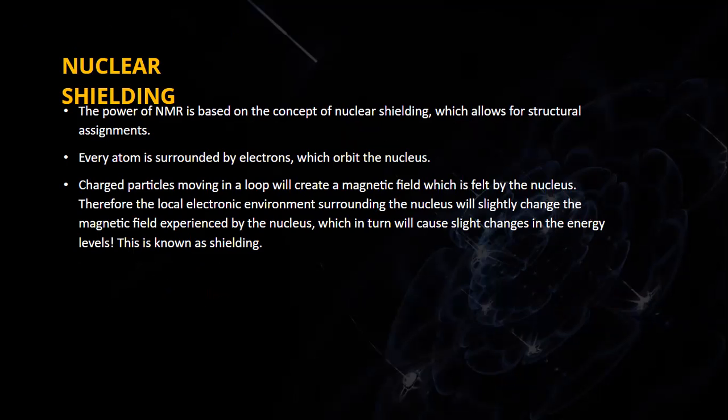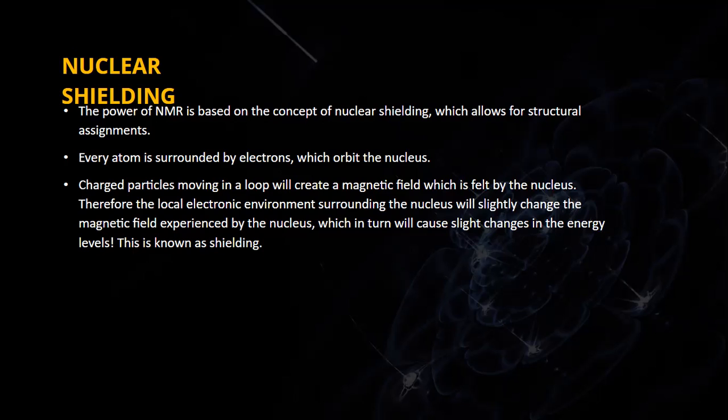Now, what is nuclear shielding? MRI is basically based on the concept of nuclear shielding. Every atom is surrounded by electrons, as we know, which orbit around the nucleus. A charged particle in a loop will create a magnetic field.